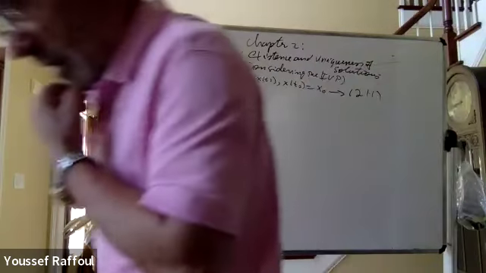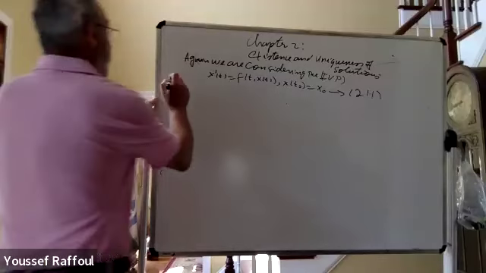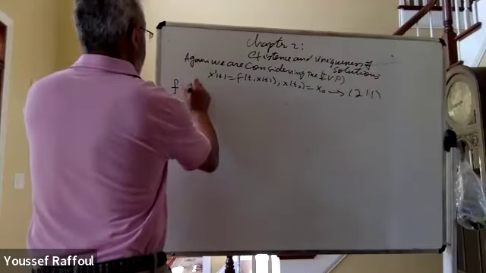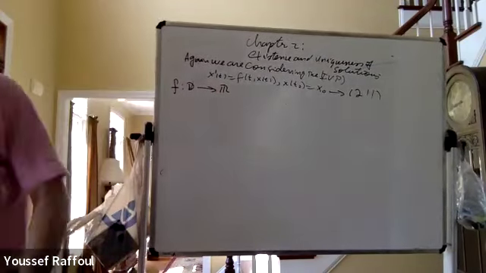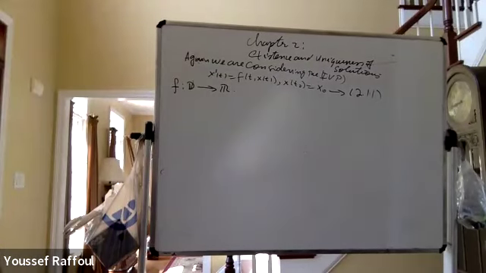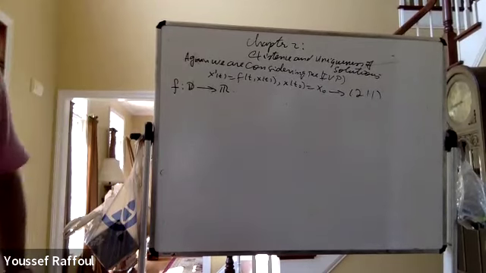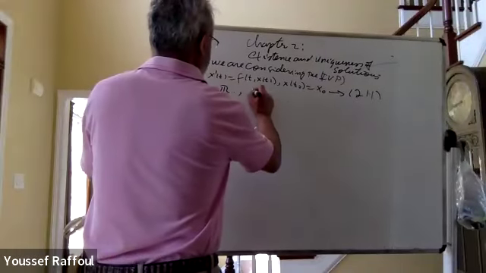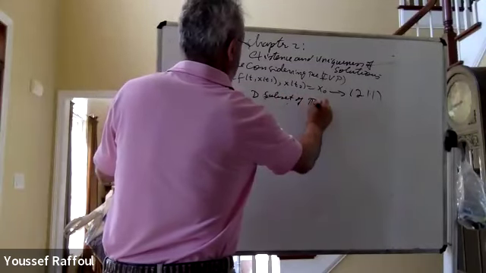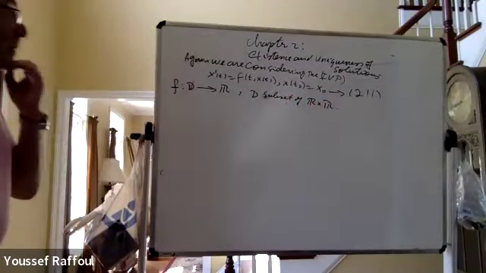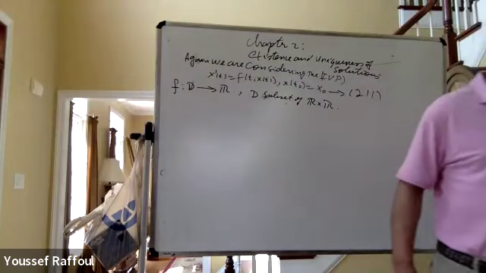So we defined what it means to be a solution. So our interest is, f is a function from a set D into R, where D is a subset of R cross R. Why is that?